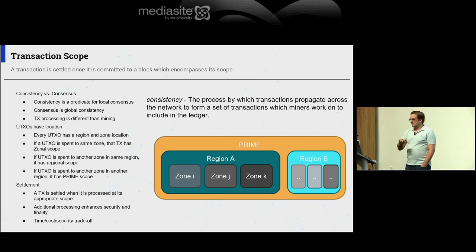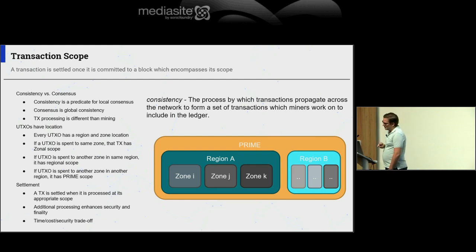Every unspent transaction output is specified to exist in one of those regions and zones. If I want to process a transaction using that UTXO, I have to originate that transaction from that region and zone so that state is consistently updated.